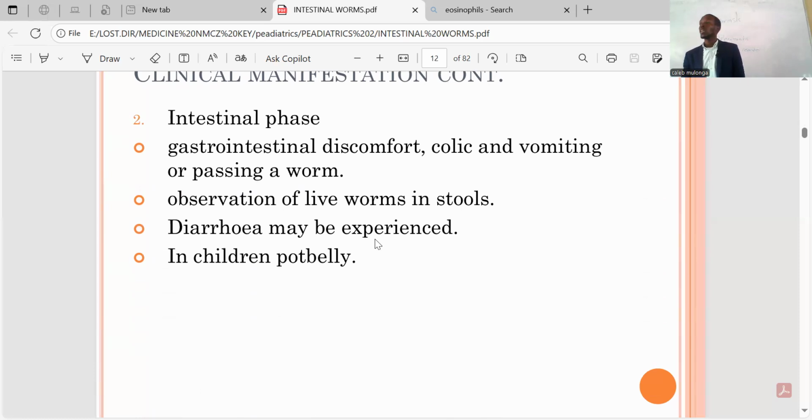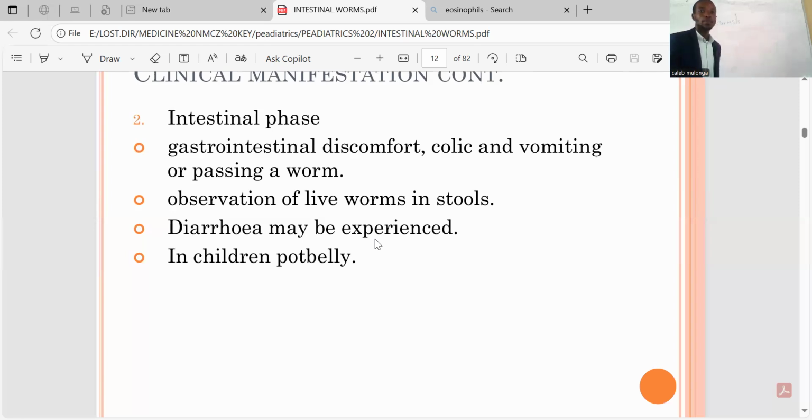Intestinal phase, meaning the GIT. So what are some of the signs and symptoms in this condition when these worms reach the intestines? Let's look at those.